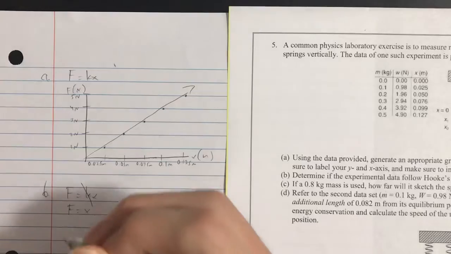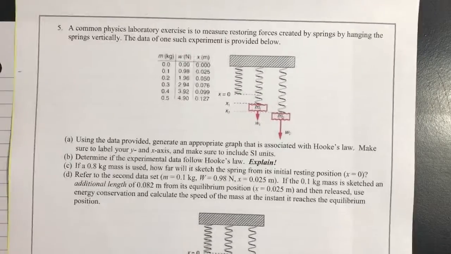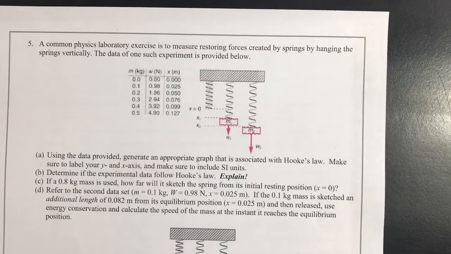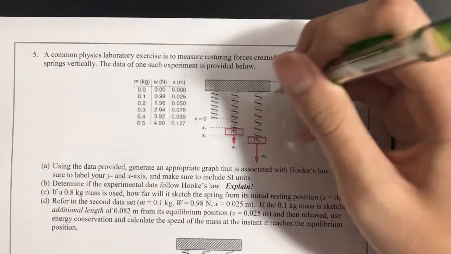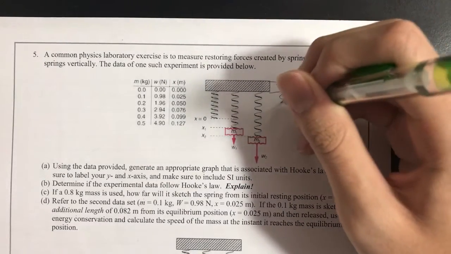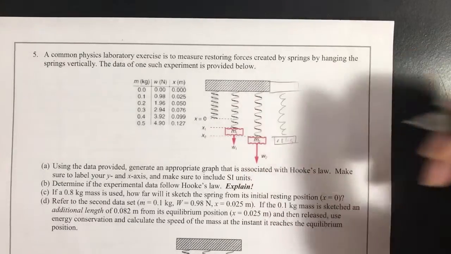Okay. Part C. Part C asks, if a 0.8 kilogram mass is used, how far will it stretch the spring from its initial resting position? Alright, let's draw another spring with the mass of 0.8 kilograms.